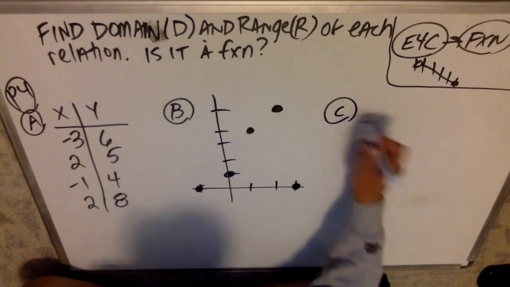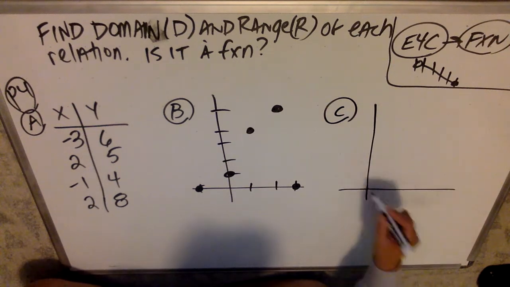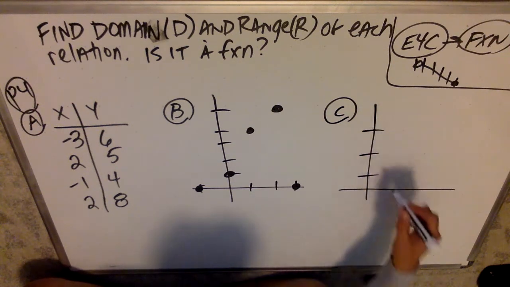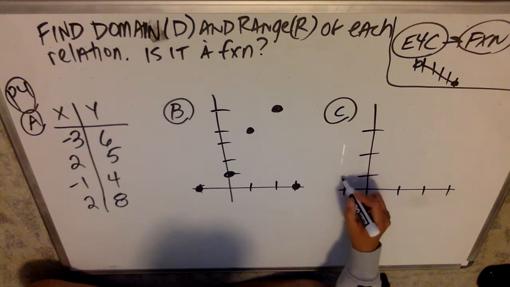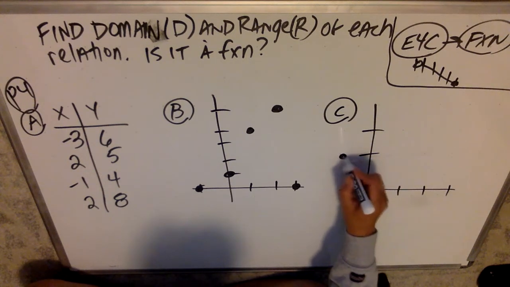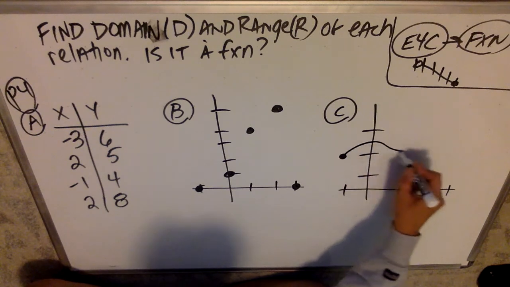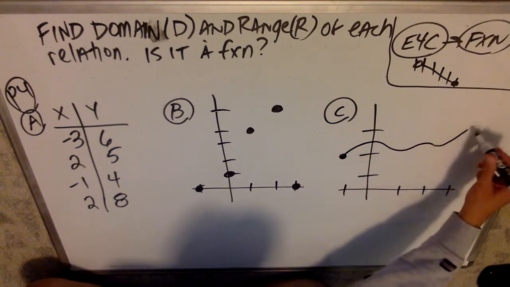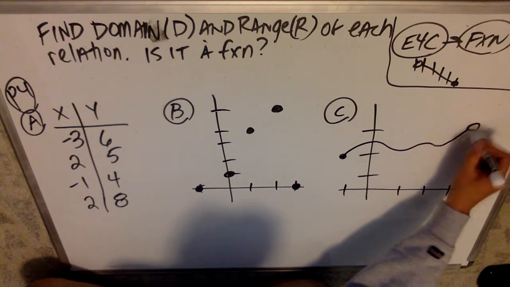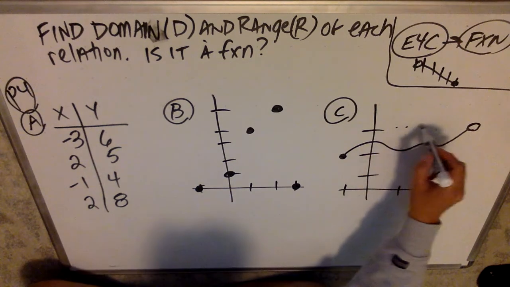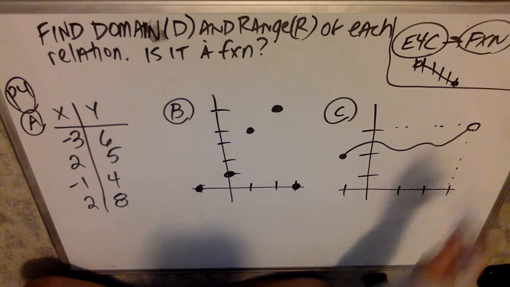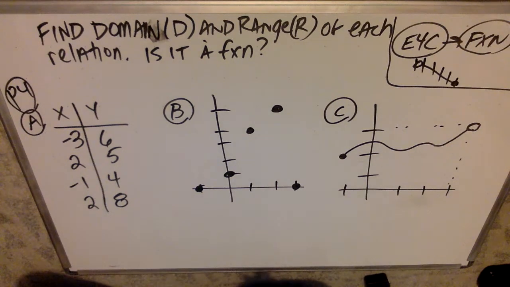And then for C, let's do, okay, cool. So again, assume that I'm aiming for nice, happy integer values. Okay, so find the domain and range of each and tell me if it's a function.